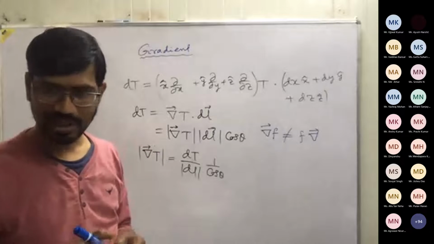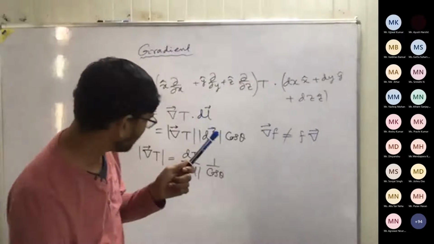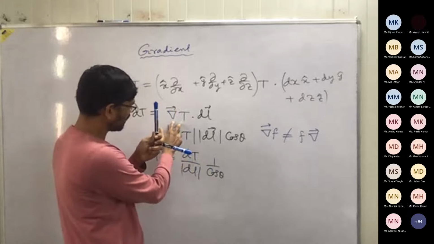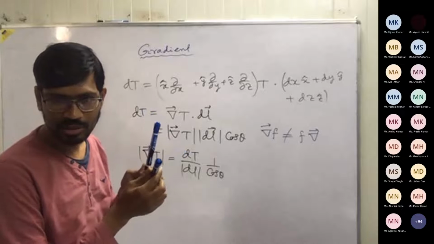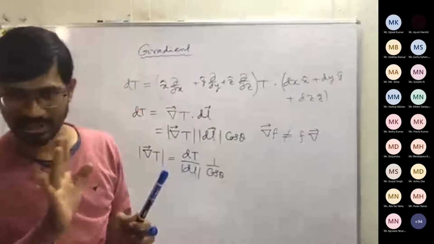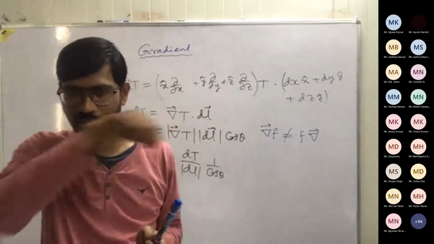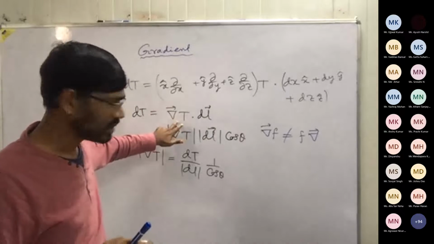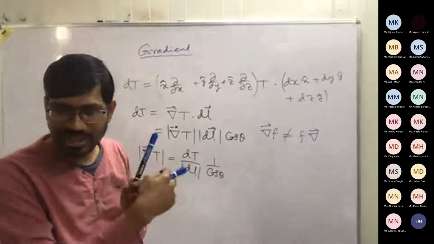Now you have a dl vector and this grad T, so we have two vectors. You have a scalar function T. T is a scalar function; it can depend on your space coordinates x, y, z, like temperature. Temperature in this room is different at different places. So you compute this grad T, which is easy to compute, and then you see in which direction.